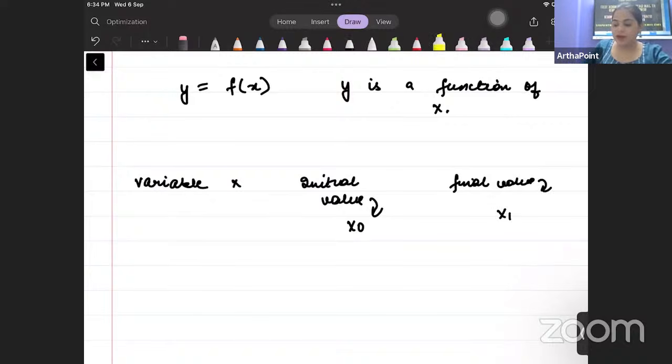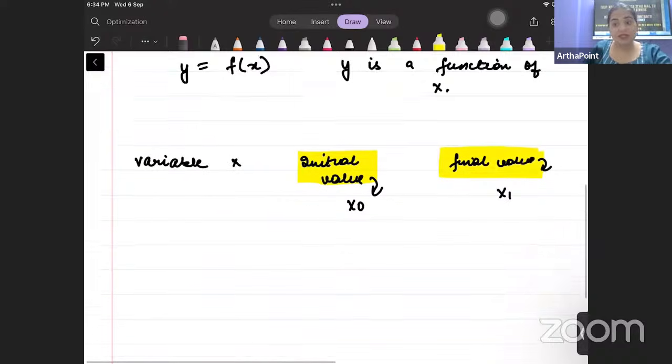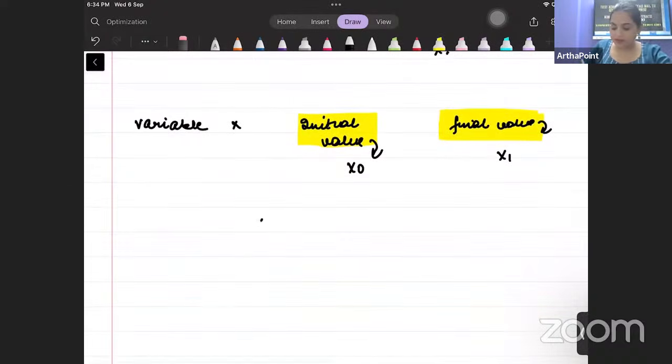So you have two values given to you, initial value and the final value, right? The difference between the final value and the initial value, beta isko bolte hai change in x. So what is change in x? x1 minus x naught, that is called change in x, right?